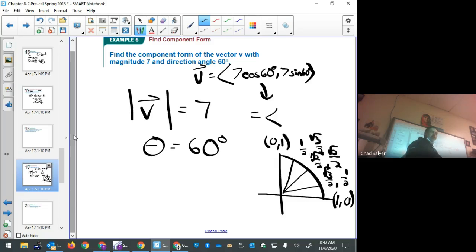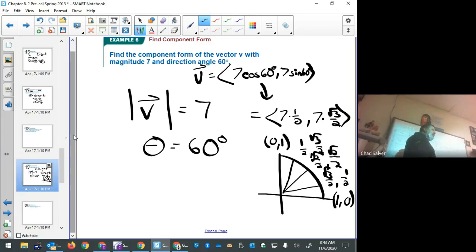So this is what I'm looking for, Jesse. The x displacement of the 60-degree radial arc is the cosine of 60 degrees, 1/2. So 7 times 1/2. And then Riley, tell me what the sine of 60 degrees is. Radical 3 over 2. Good. And that's the speed at which you should give me the answer.